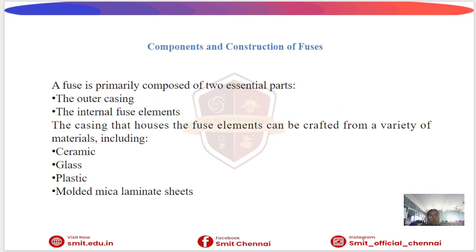Then components and construction of fuses. A fuse mainly consists of two parts: one is the outer casing, the next is the fuse element. The outer casing protects the fuse element and is usually made of materials like ceramic, glass, plastic, or molded mica laminate. These materials provide insulation and heat resistance.